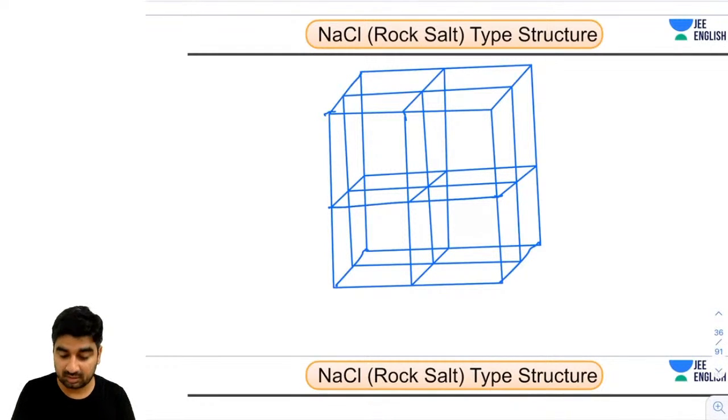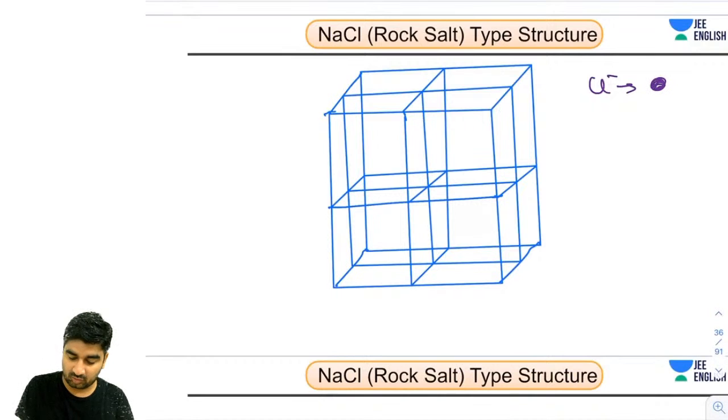And now where are the chloride ions, guys? Now I will tell you. Chloride ions will occupy all the corners. So there are 8 corners.